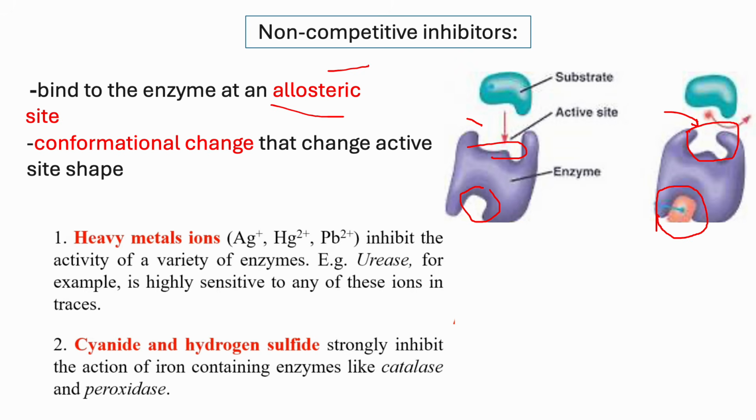This is called a non-competitive inhibitor. So the basic difference between competitive and non-competitive inhibitors is that a non-competitive inhibitor always binds with the allosteric site, not the active site. For example, heavy metal ions like silver, mercury, lead inhibit the activity of a variety of enzymes like urease, and also cyanide and hydrogen sulfide inhibit the activity of catalase and peroxidase.